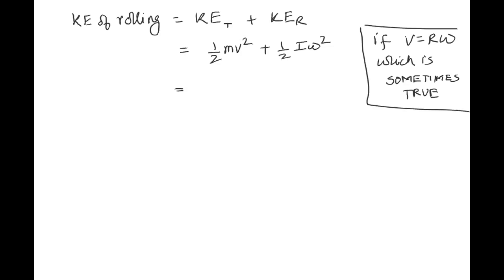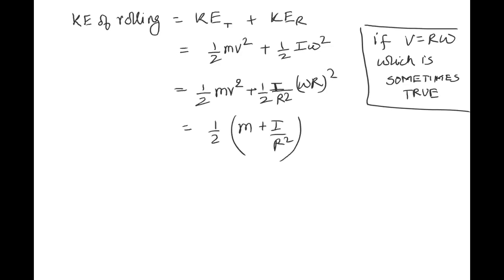Then what I can do is I can write this as half mv square plus half I, which is I divided by r square into omega r whole square, which is equal to half m plus I upon r square v square. So this is the kinetic energy of rolling.